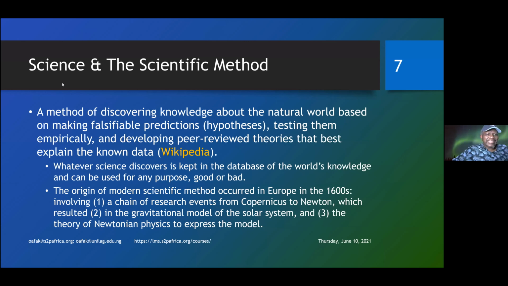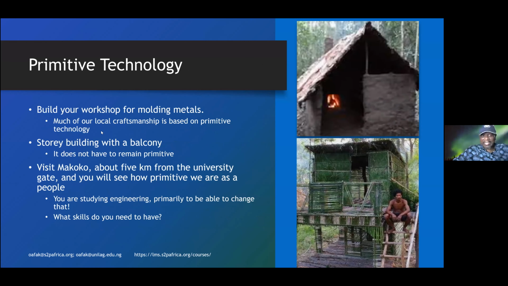Now, technology can be primitive. We have looked at science and technology. For instance, you could build a workshop for molding metals inside your hut. Much of our local craftsmanship is based on primitive technology. So you build your workshop with a mud house, with a thatched roof, and you have a fire oven, and you can make some things.